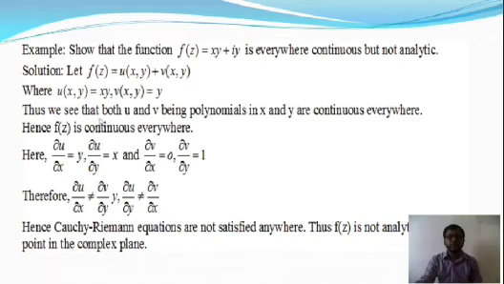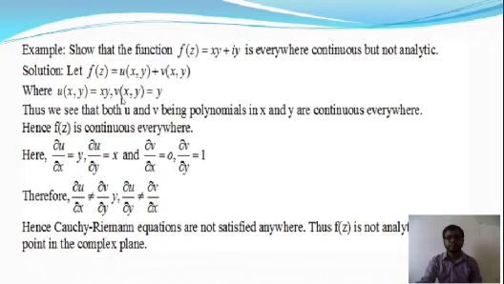Any polynomial function is continuous in the real plane. So xy is a polynomial function of x and y, and v of x y equal to y is also a polynomial function in y. So both functions are continuous in the real plane.